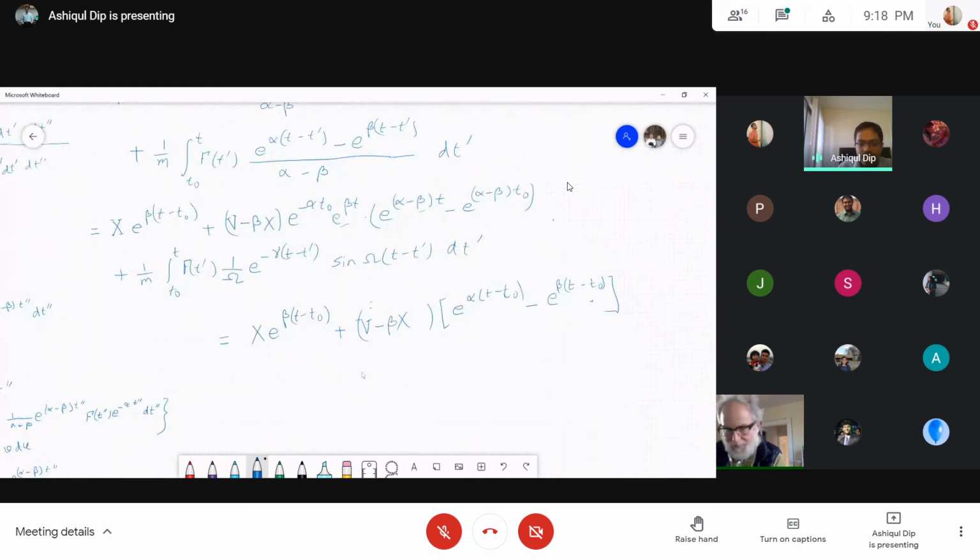And then we have our alpha minus beta. Yes, I noticed that we need to substitute instead of that. So I'm just trying to write the next term, that's all. So f of t prime 1 over big omega. There is a 1 by alpha minus beta in the second term.